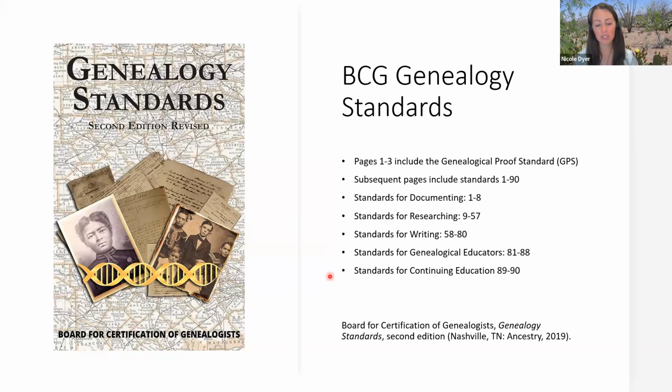So I urge you to look into this. It's not a process, but it is a way to measure your work to see if you have reached a proven conclusion or a sound conclusion. And this is what we should be aiming for as genealogists to make sure that we've done good quality work.